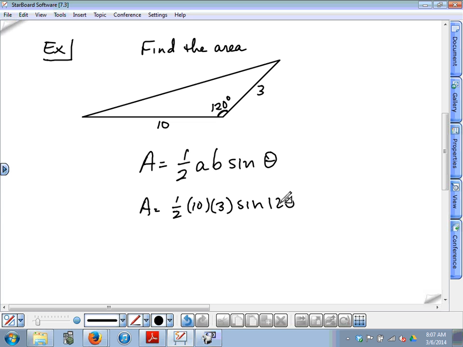The reference angle is 60. So rather than doing the sine of 120, let's consider the sine of 60. We have to look at the 30, 60, 90 triangle. 60 degrees is right here. The sides of a 30, 60, 90 are 1, 2, and square root of 3.